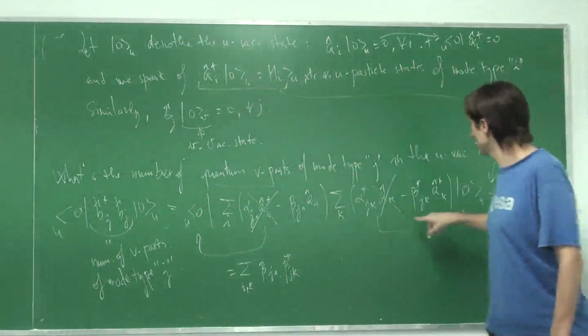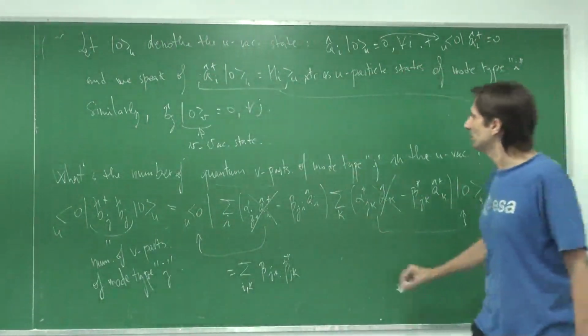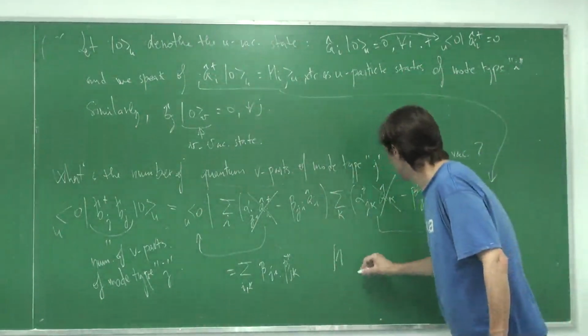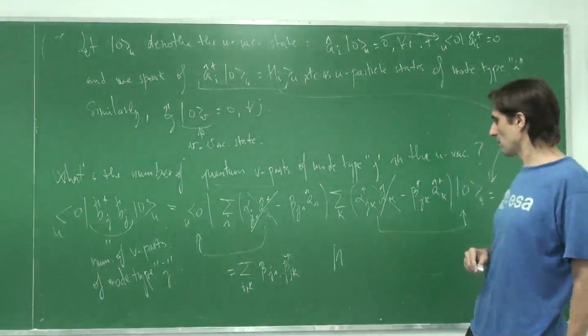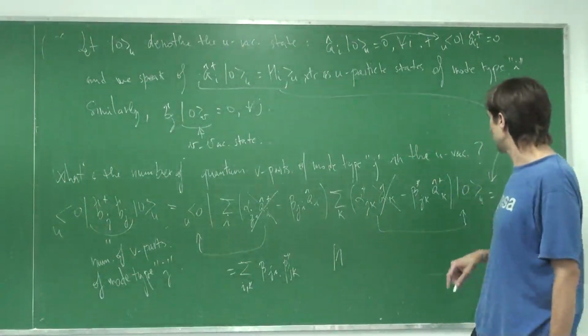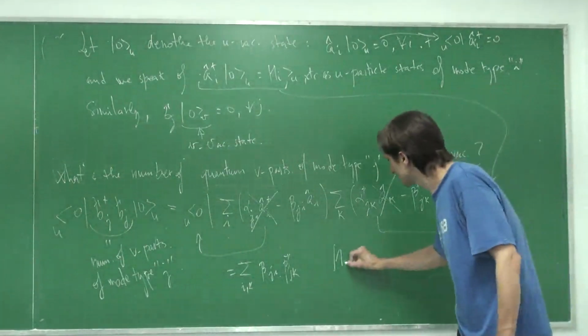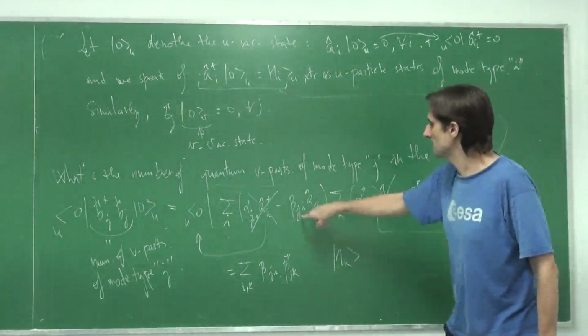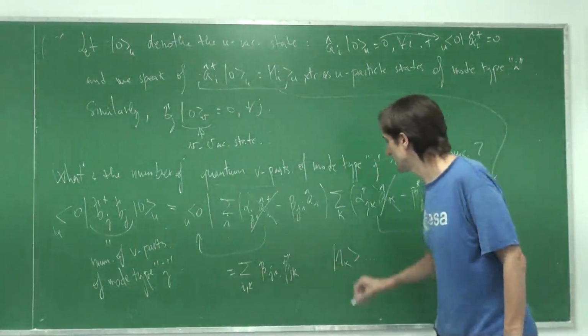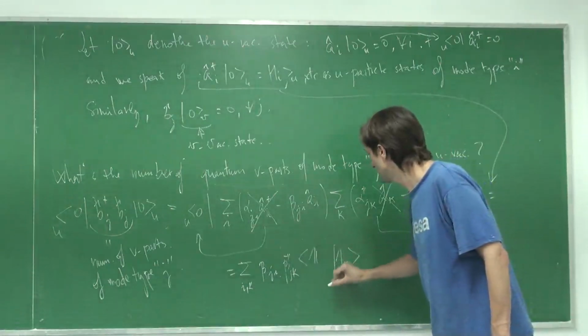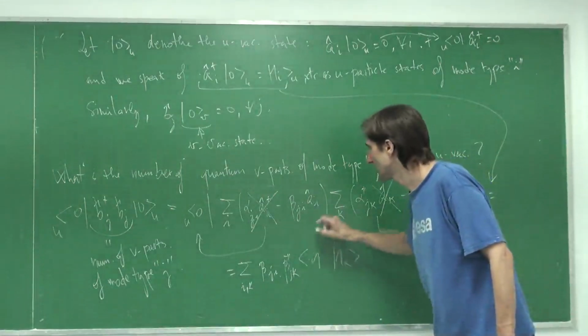A dagger on 0U gives you the U1 quantum state with mode type K. And similarly, the A dagger I on this gives you U1I.